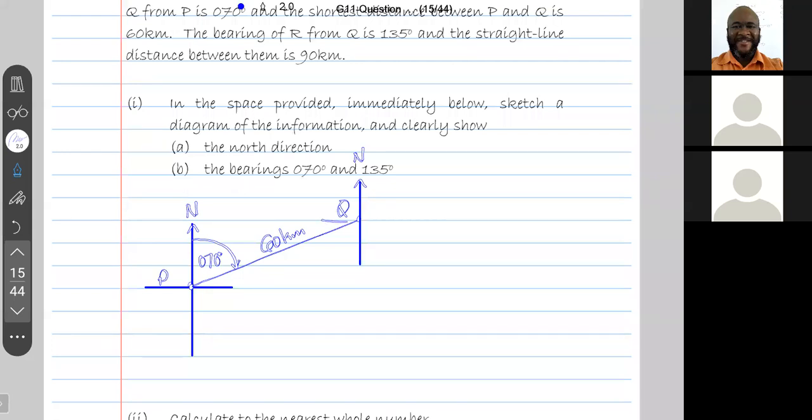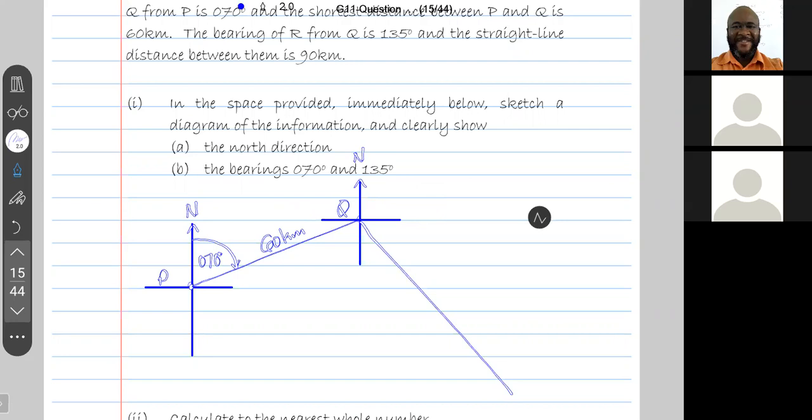So let's put in the east-west line as well. And the angle is 135 degrees. Between north and east is 90 degrees. So 135 degrees must be between east and south. So 135 degrees would put me in this direction.